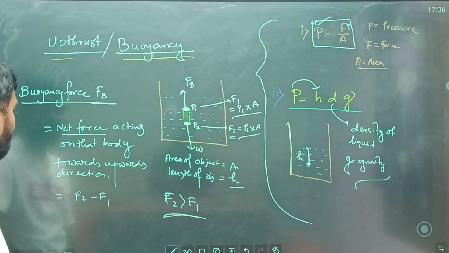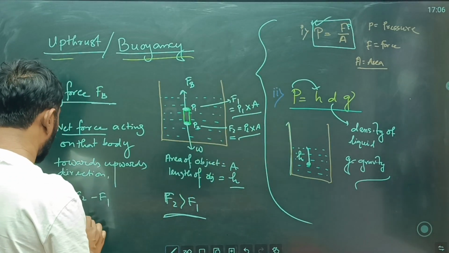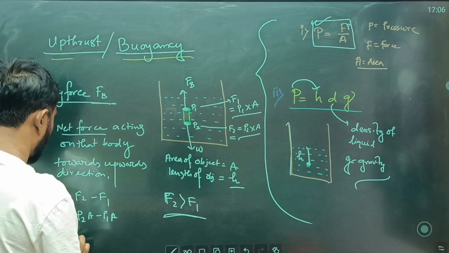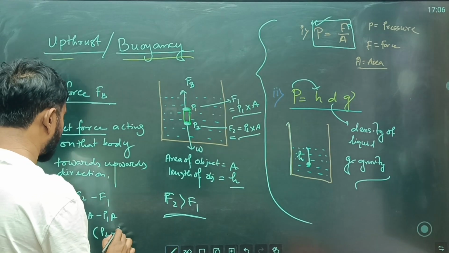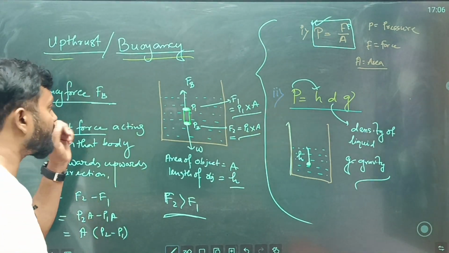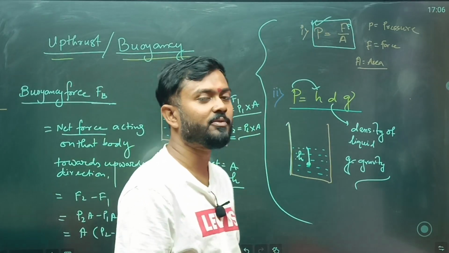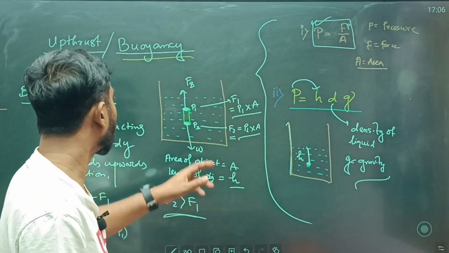So F2 minus F1, where F2 is equal to P2 A and F1 is equal to P1 A. The area is constant, so it is A times the bracket P2 minus P1. Here we have to calculate P2 minus P1, which is the pressure difference between two points of the object.